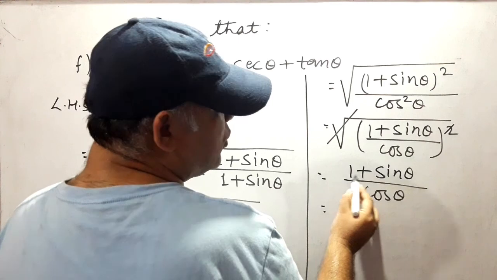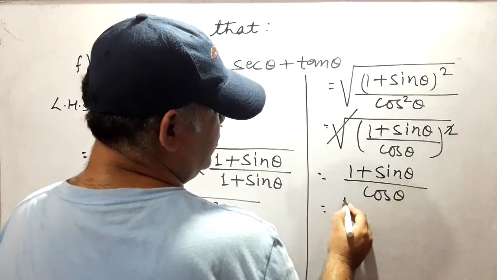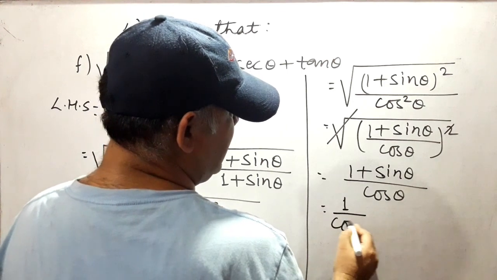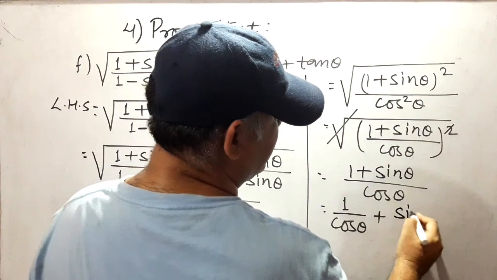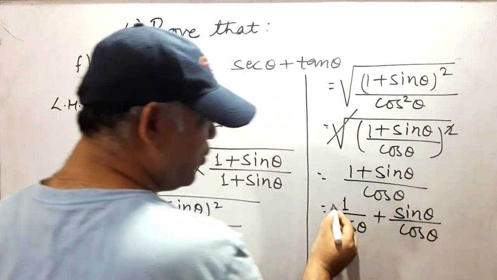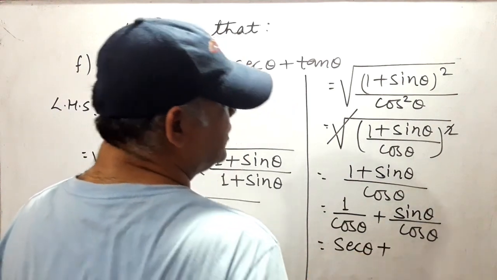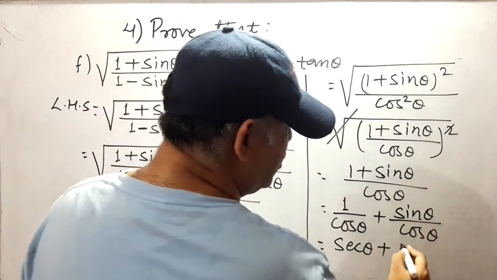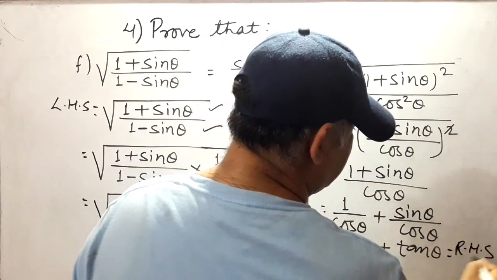When we separate them, cos theta is taken by both terms. So it becomes 1 by cos theta plus sin theta by cos theta. 1 by cos theta is equal to sec theta, plus sin theta by cos theta is equal to tan theta, which is our right hand side. Proved.